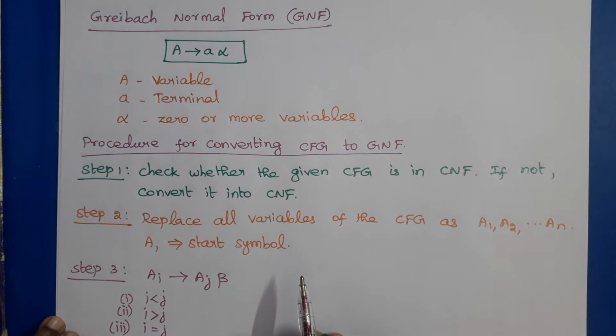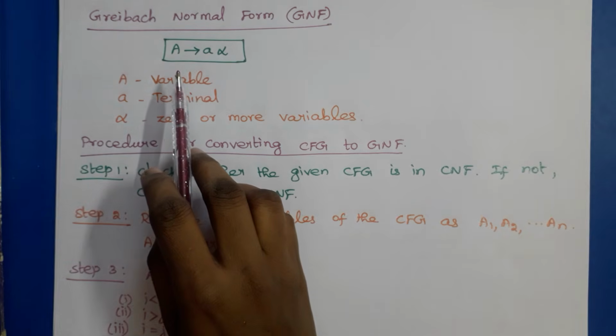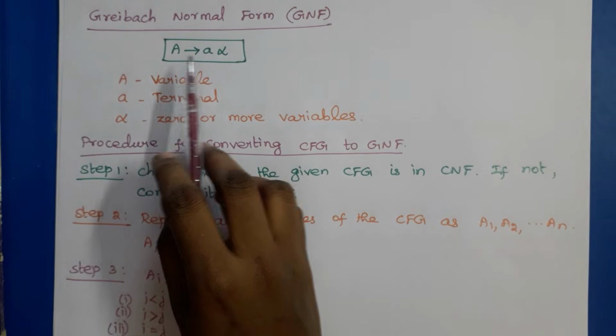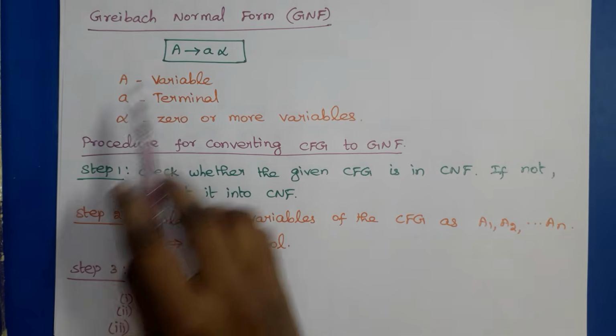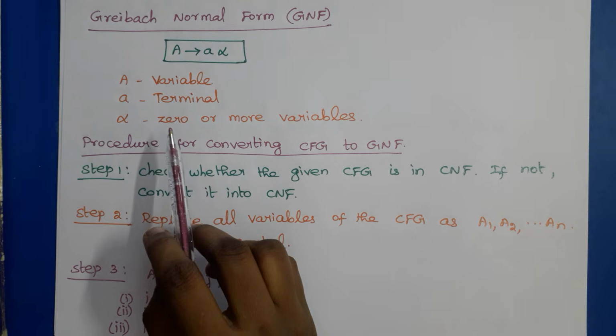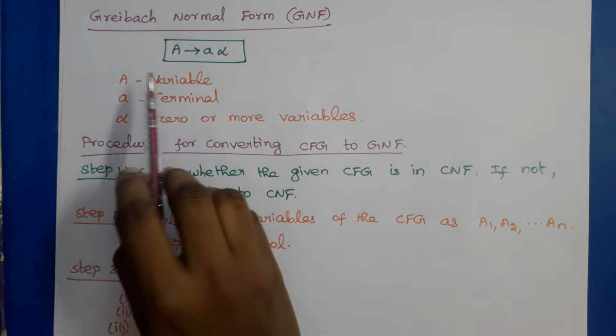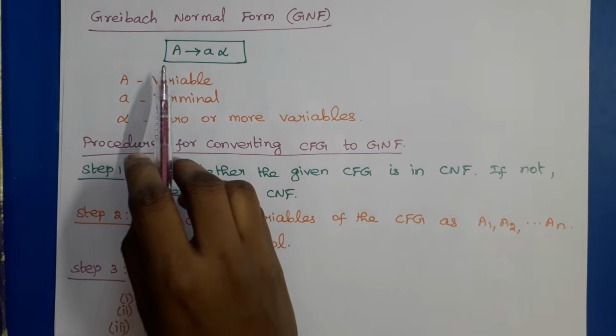Hello everyone. In this lecture we are going to discuss Greibach normal form, GNF. Here all the productions must be in the form A tends to a alpha, where A is a variable, small a is a terminal symbol, and alpha means 0 or more variables. So in GNF all the productions must be in this form.